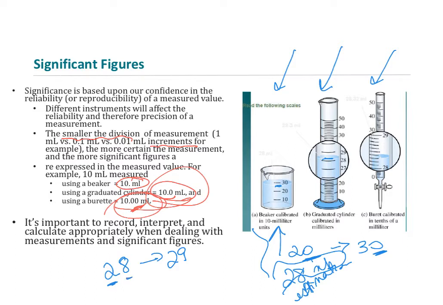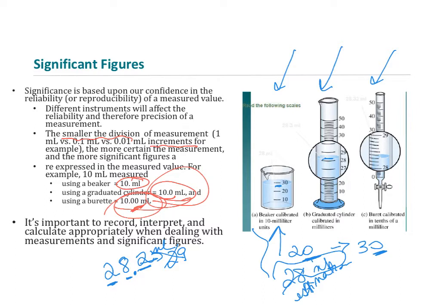We know the second digit's an 8, because it's not greater than 29. So we have to add another digit that is an estimate between the smallest increments. So it's going to be 28 point something. Let's look and estimate. I say it's 28.2 milliliters, but somebody else might say 28.1 or 28.3. That's fine, the last digit is an estimate.